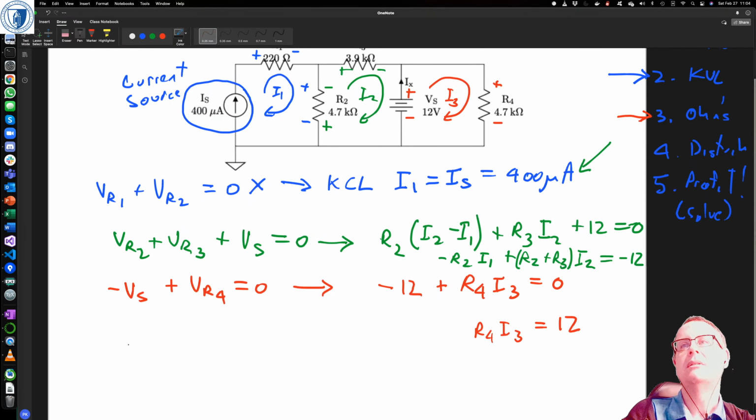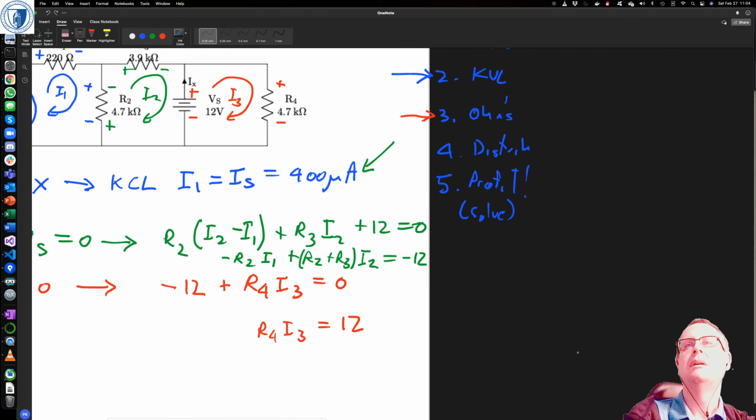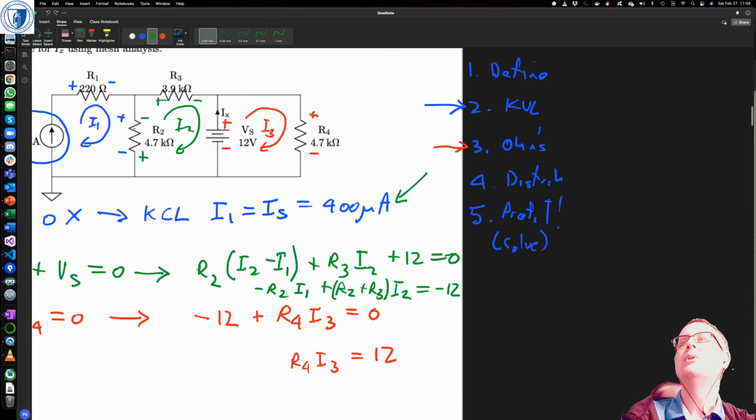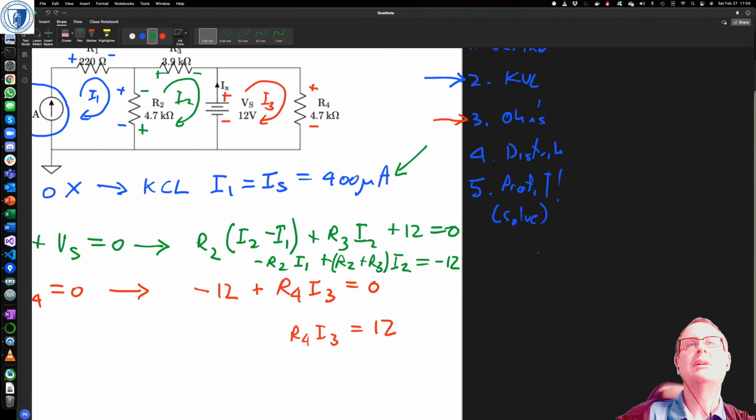And then our matrix equation, well, do we need a matrix equation, right? In fact, before we do that, let's just plug in some numbers. So in the first case, we've got R2, which is 4700.